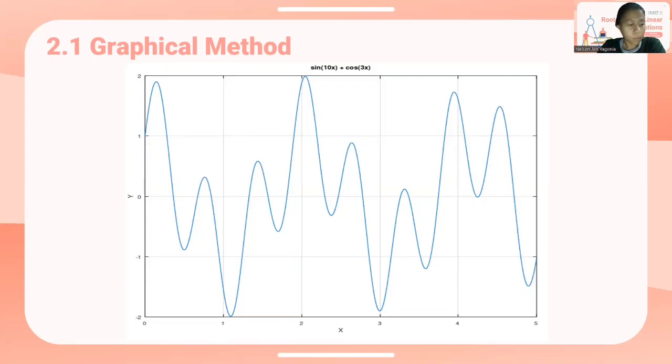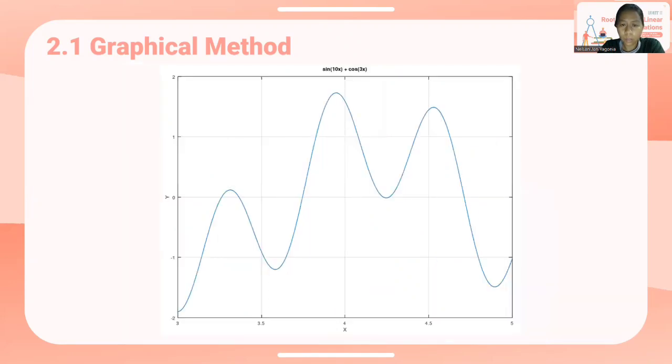So this graph permits the analyst to determine that two distinct roots exist between 4.2 and 4.3.